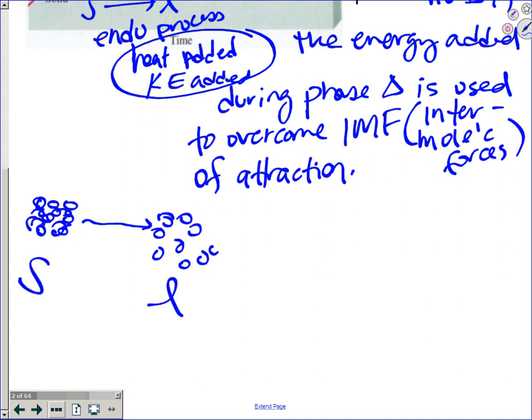Solid to liquid. And then all the way from liquid to gas, we're moving particles that are really close farther away from each other. We've overcome their forces of attraction, but we've only changed their phase, not technically their temperature. We'll get into more depth on that in our next unit as well.